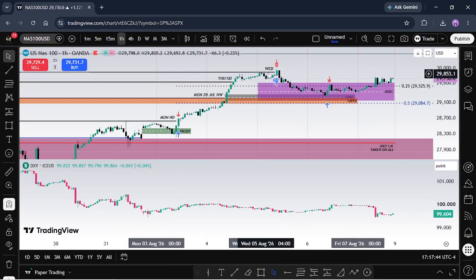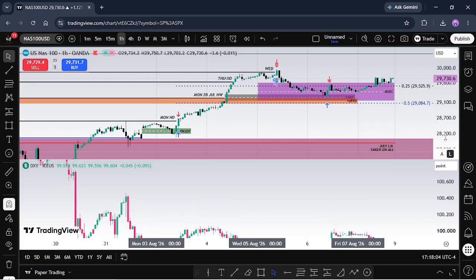Right. Price went higher Wednesday. Yeah, this one was doing nothing. Look, Monday, Tuesday, Wednesday, Thursday, Friday. Yeah, it wasn't very useful here.